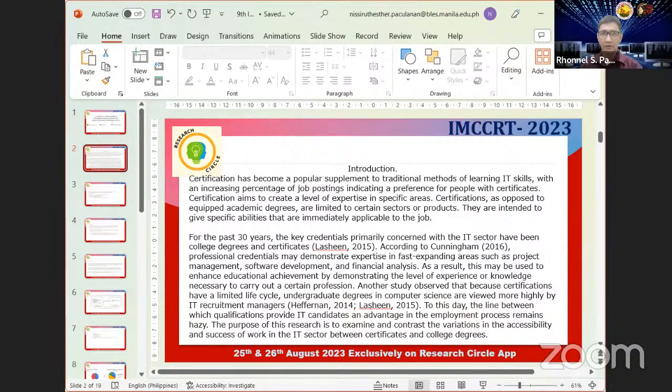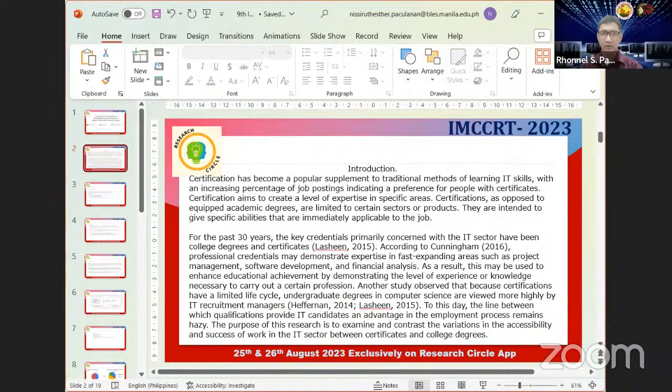As a result, this may be used to enhance educational achievements by demonstrating the level of expertise or knowledge necessary to carry out a certain profession. Another study observed that because certifications have a limited life cycle, undergraduate degrees in computer science are viewed more highly by IT recruitment managers.